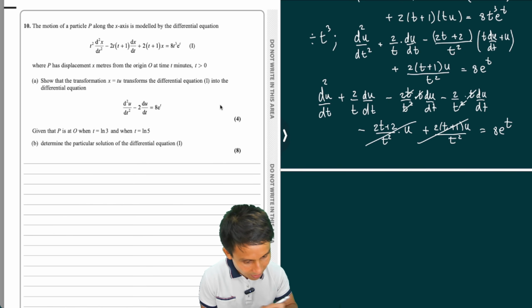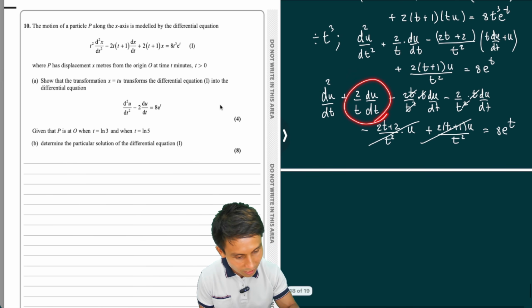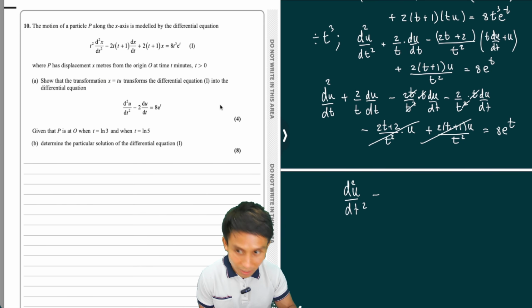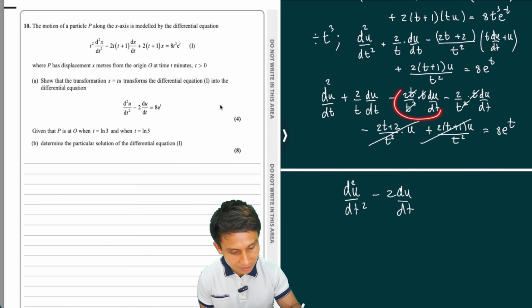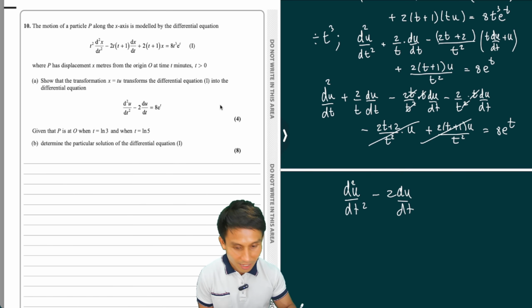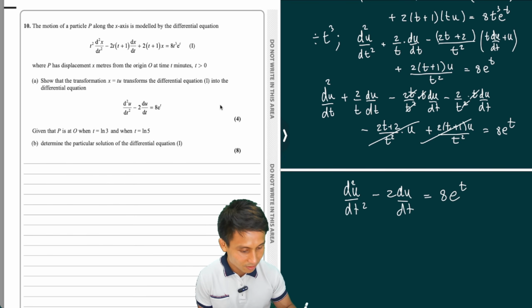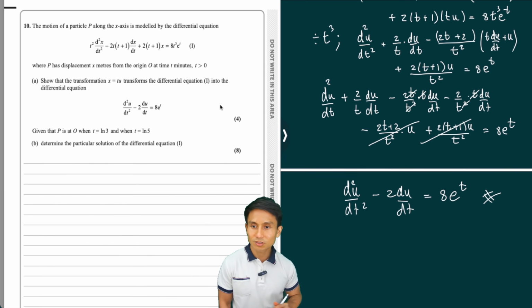That t and this cancel, so this term will cancel with this term. So we have left d squared u by dt squared minus, we expect that, du by dt. So it's just this term that remains. There you go, just algebra there.